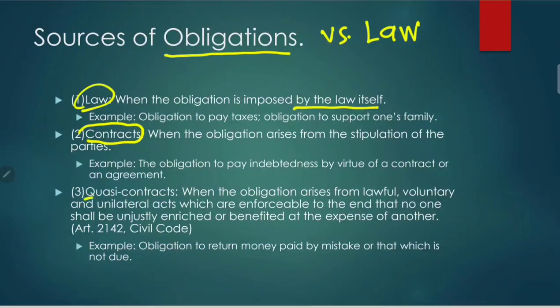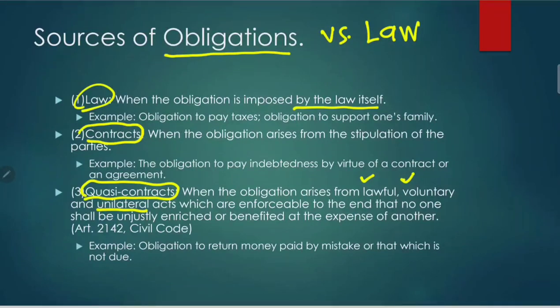Next is quasi-contracts. Pag sinabi po natin quasi-contracts, these obligations arise from lawful. You have to take note of these elements: lawful, voluntary, and unilateral acts, which are enforceable to the end that no one shall be unjustly enriched or benefited at the expense of another.